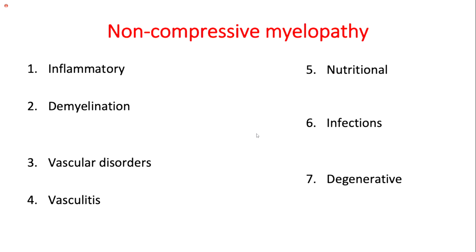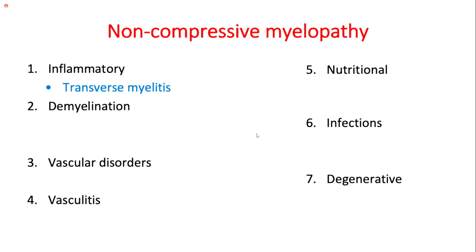So just 7 topics that you need to know, 7 different mechanisms. And under this mechanism, there are a long list of causes. But for you at the undergraduate level, where as an intern medical officer, you need to know certain etiologies and entities. Those are the ones that I have listed here.